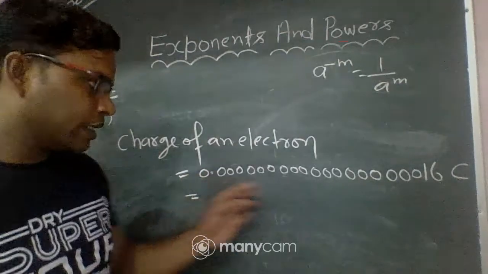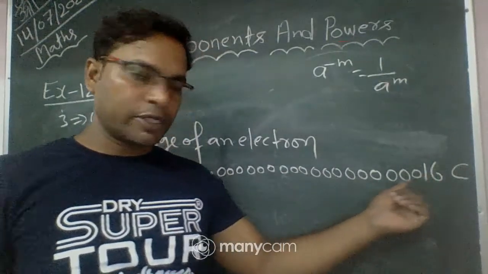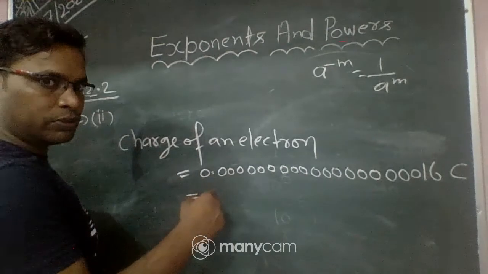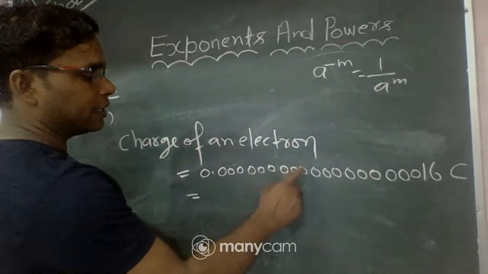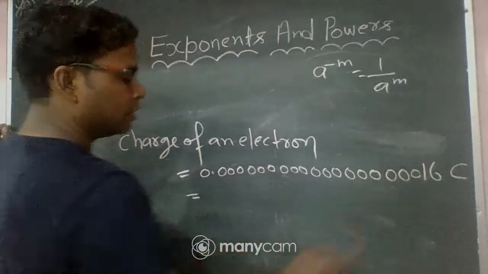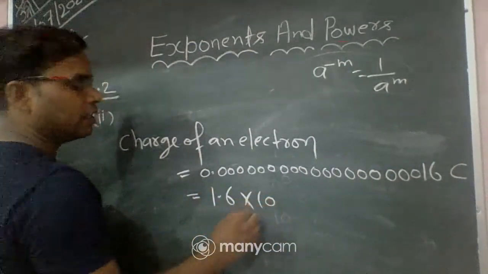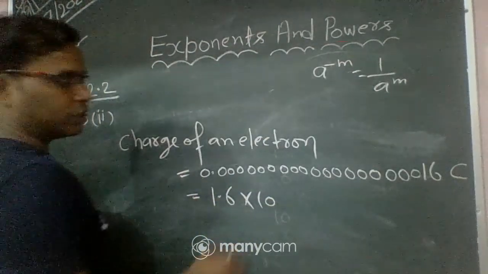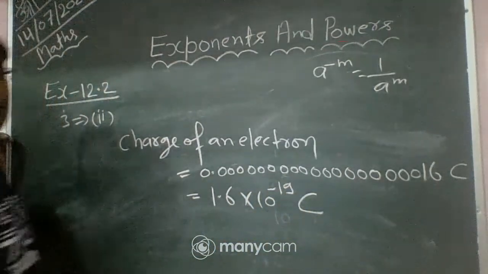Count how many places the decimal moves to the right: 1, 2, 3, 4, 5, 6, 7, 8, 9, 10, 11, 12, 13, 14, 15, 16, 17, 18 and 19. So 1.6 into 10 power. You can see here the decimal moved right, so the 10 power is negative. So minus 19 coulomb.